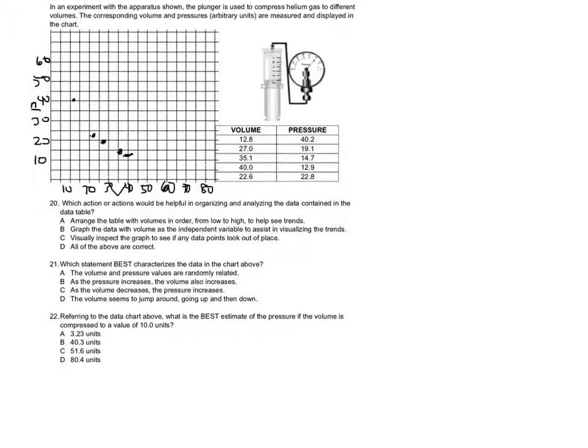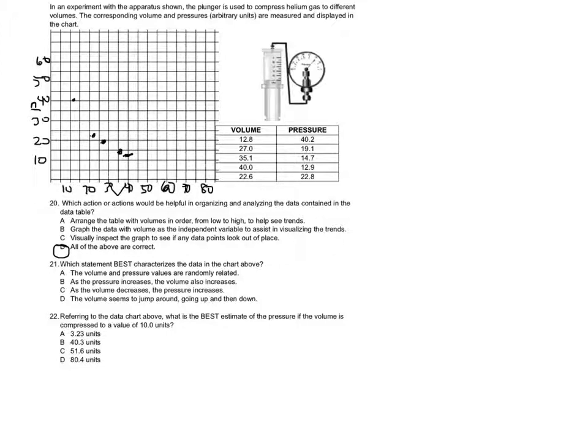So then you'd want to look at your graph to see if any of your points look like they're out of place, which actually, even though this is not the perfect graph here, I think it did a pretty decent job of showing that inverse curve, which means that all of those things are a good thing to do.